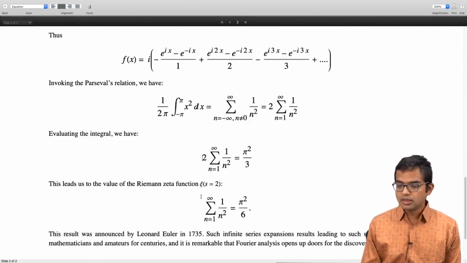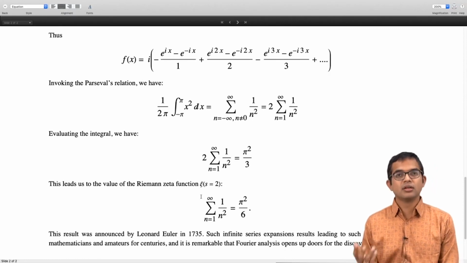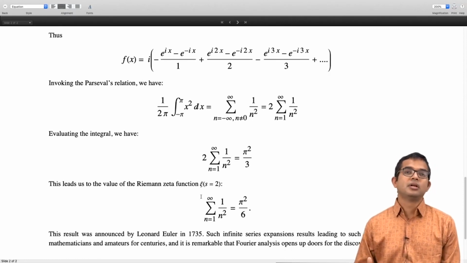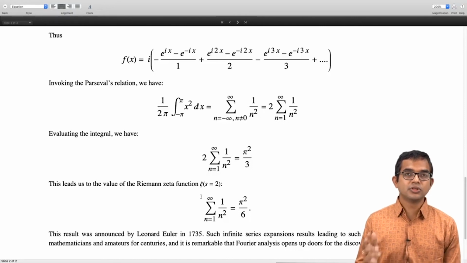These are all things we can play with. We can come up with our own periodic functions and look at what happens with Parseval's relation. Or we can use this as a way to try and find our own series, which are most likely going to be series that are already known, which we can verify.